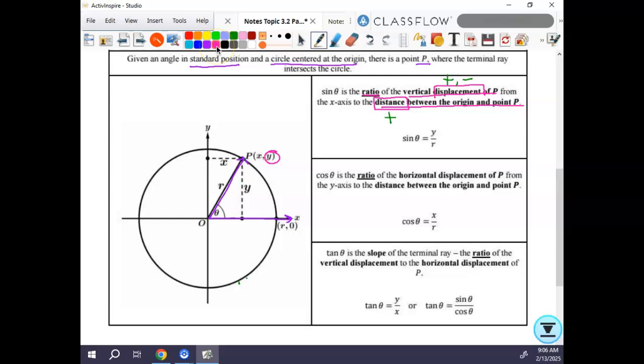I just want to make sure, because these words are going to be in some of the multiple choice questions, so I don't want you to get lost in the words. Although y, we do think about it as a vertical distance, and we use the word distance even when it's negative, it's not proper, but what it really is, is the vertical displacement.